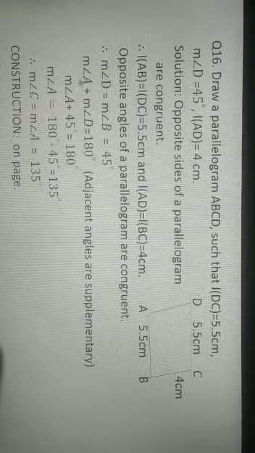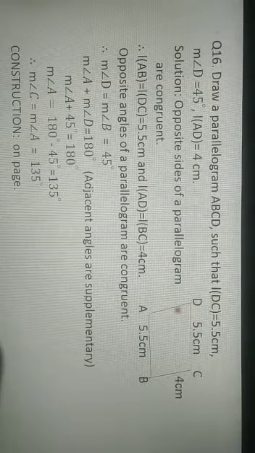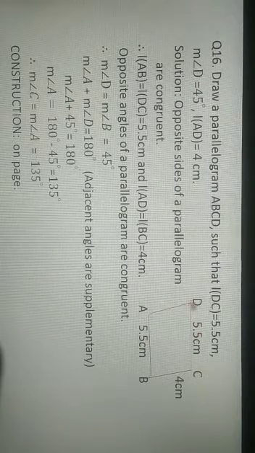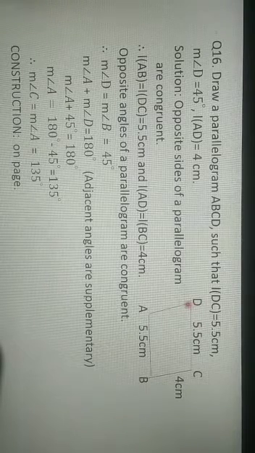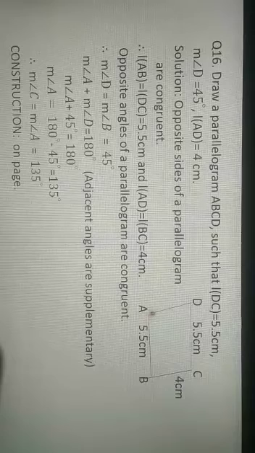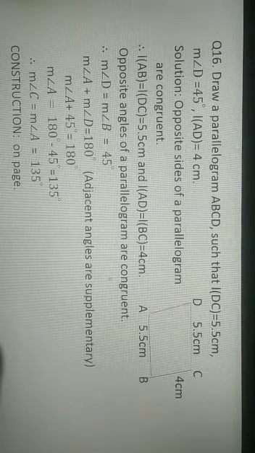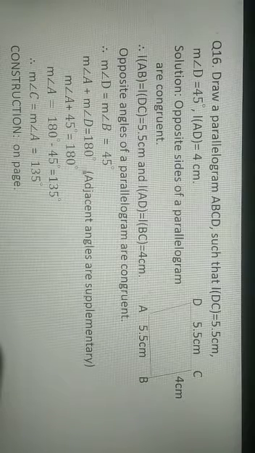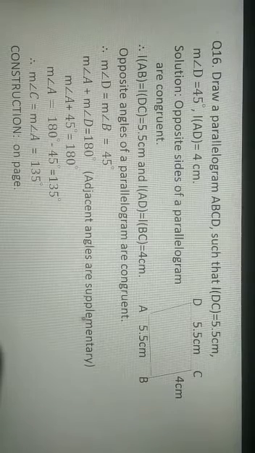Now measure angle A plus measure angle D is equal to 180. Why? Because as these two sides are parallel, adjacent angle A and adjacent angle D are supplementary. What is the reason? Adjacent angles are supplementary.